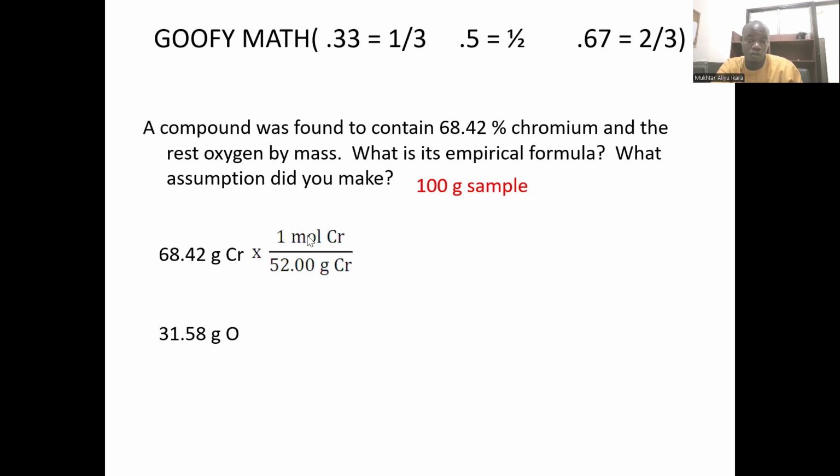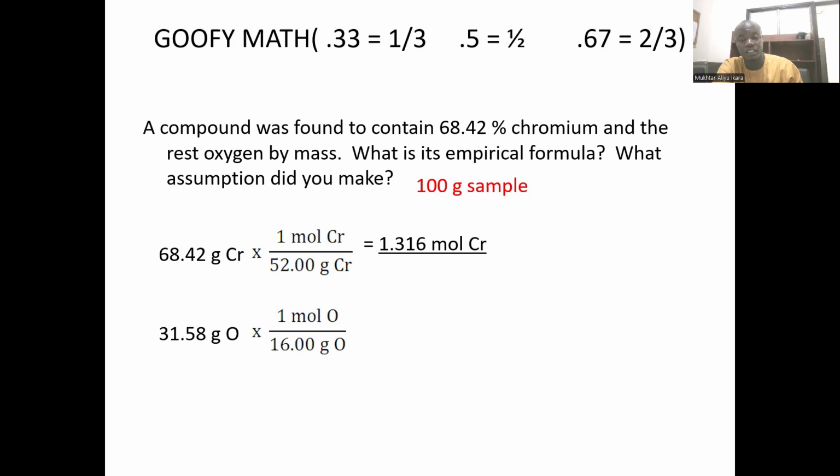So now how do you convert this to mole? You just say 68.42 gram divided by 52.00 gram, which is the molar mass of chromium. And for oxygen, the molar mass of oxygen is 16, so we have 31.58 gram divided by 16.